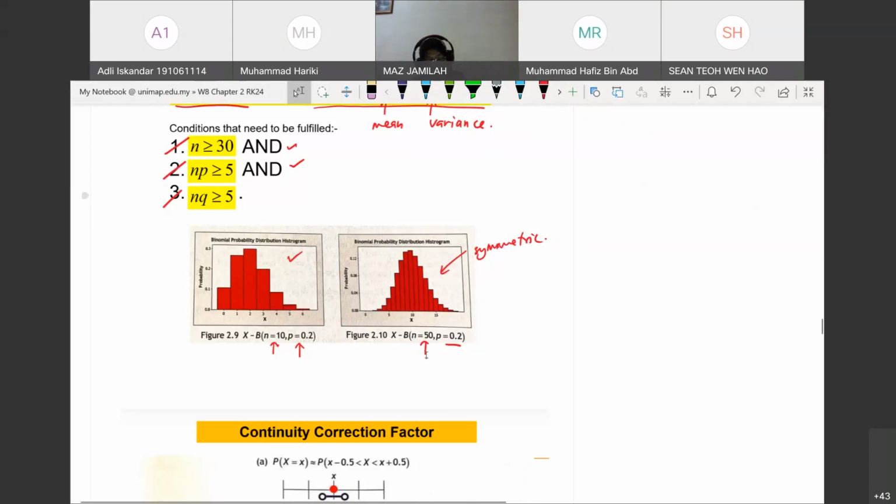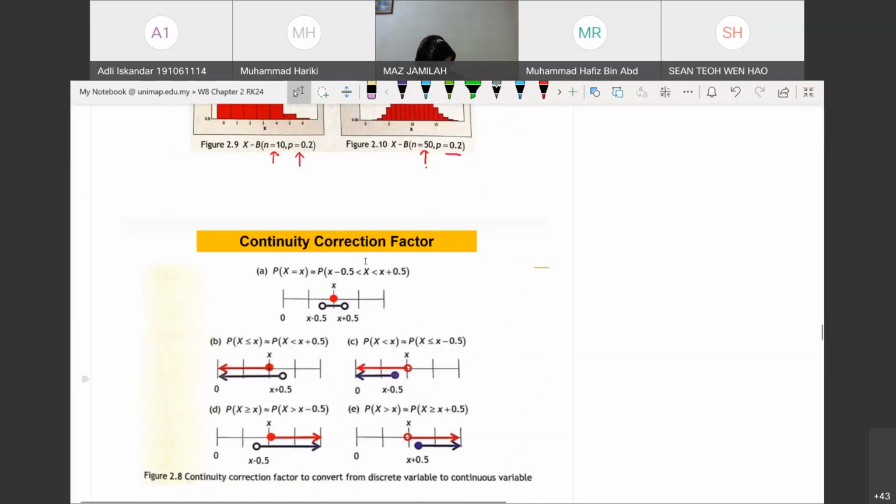Now, the only thing that deals with continuity correction is the approximation involving normal, because we are talking about a continuous random variable, so there is a continuity element that needs to be included in the solution.